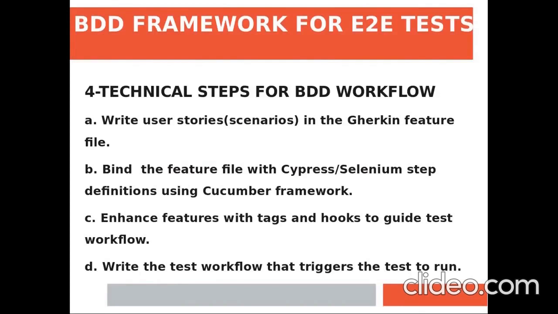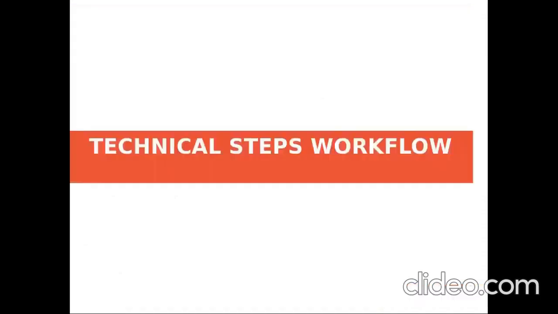Number 1, write user stories in the Gherkin feature file. 2, bind the feature file with either Cypress or Selenium step definitions using Cucumber framework. And number 3, enhance features with tags and hooks to guide the test workflow. And lastly, write the test workflow that triggers the test to run.